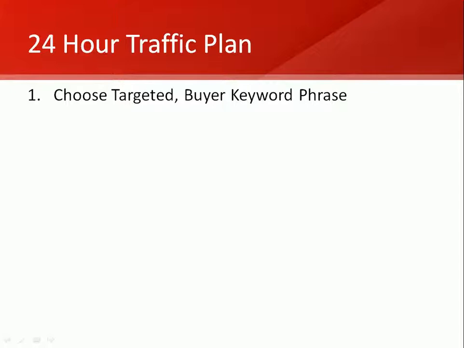It's the AdWords keyword tool, and you just type in your root keyword. So for example, if you are a business in Tulsa, Oklahoma, you might say Tulsa chiropractors, and see what kind of keyword options come up that way. That's the first step, because once you have this keyword, this is the keyword that you're going to target in this 24-hour plan, and you want it to be a keyword that has some search volume.